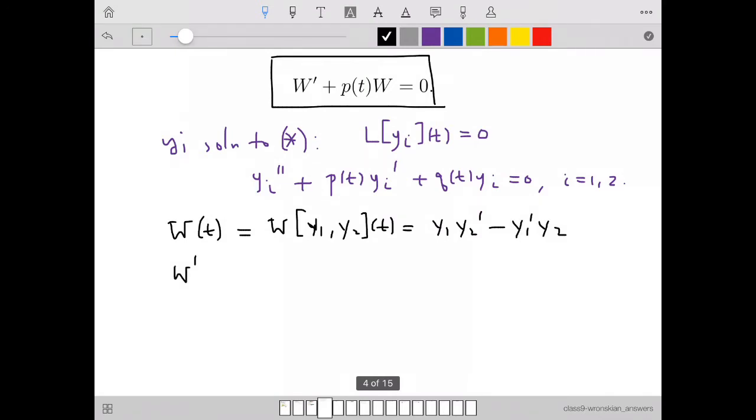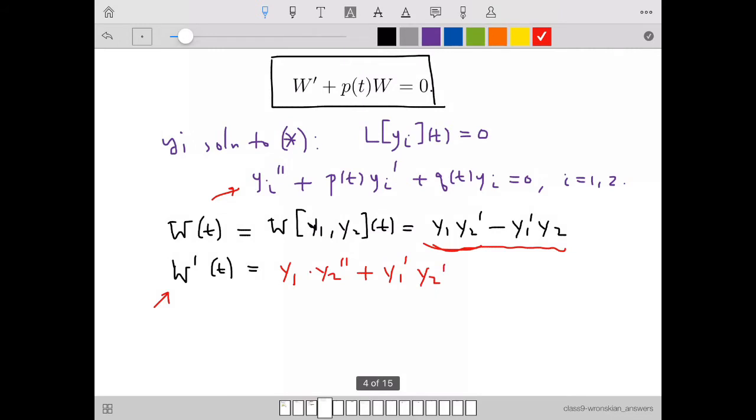So the Wronskian prime: since each y is twice differentiable, it has y double prime, so the Wronskian is differentiable one more time. If we take the derivative, we get the product rule. It is y1 times y2 double prime plus y1 prime y2 prime.